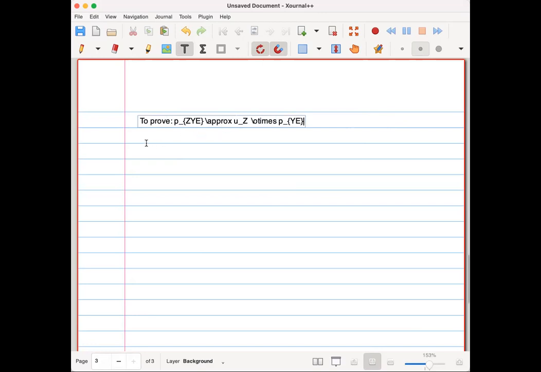In L1, this means that this is equal to the following.